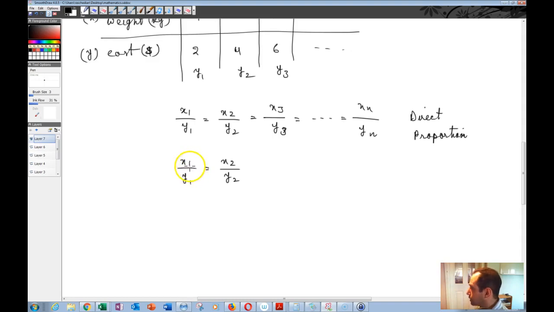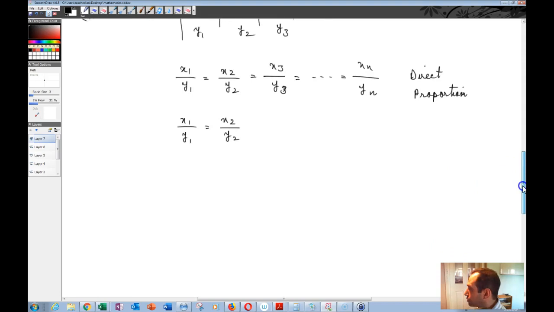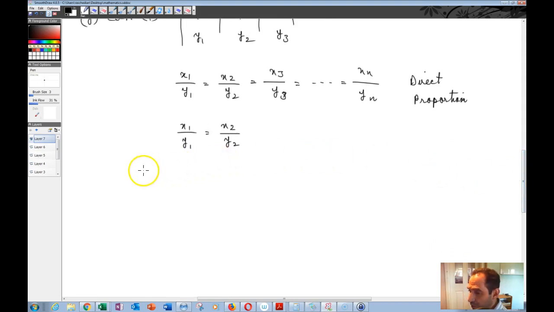For example, let's say that a train is moving at a uniform speed of, for example, 75 kilometers per hour.